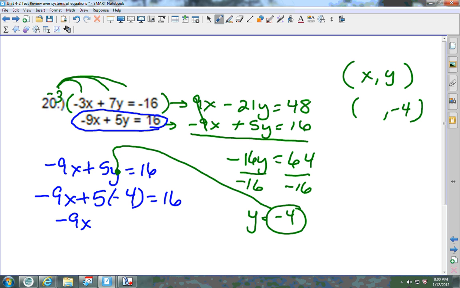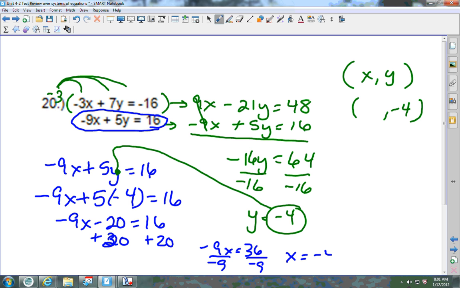Negative 9x minus 20, because 5 times negative 4 is negative 20, equals 16. Add 20 to each side. I get negative 9x equals 36. Divide by negative 9. X equals negative 4. There's my solution to number 20.